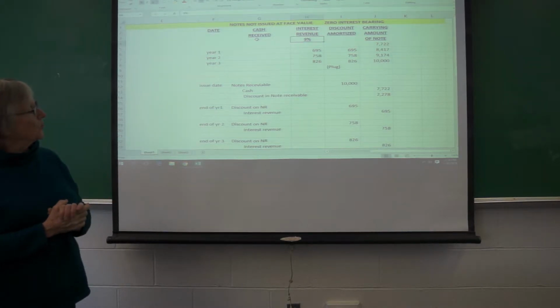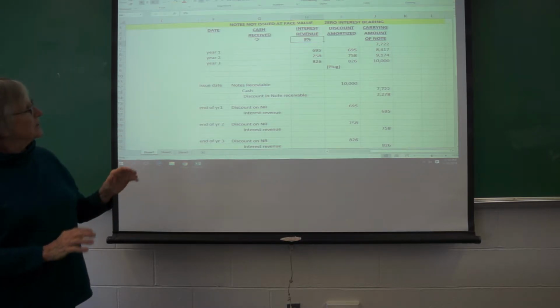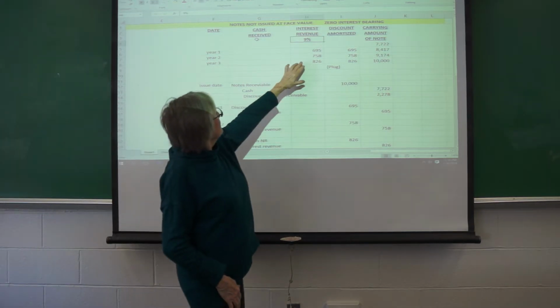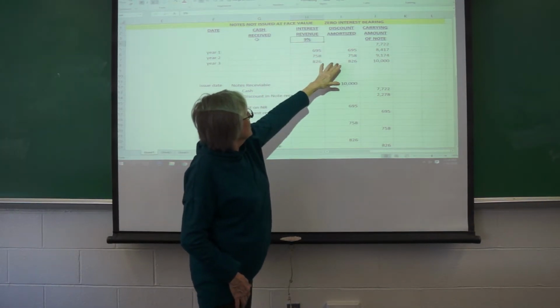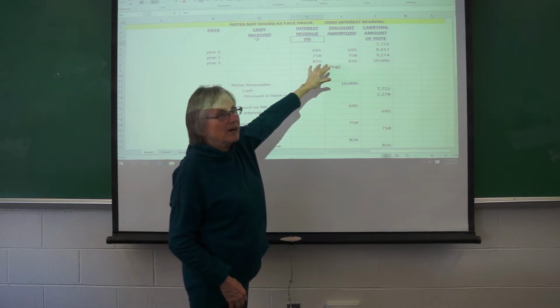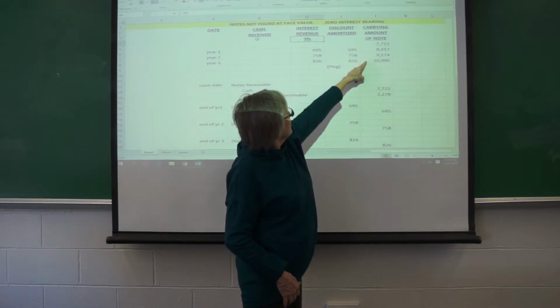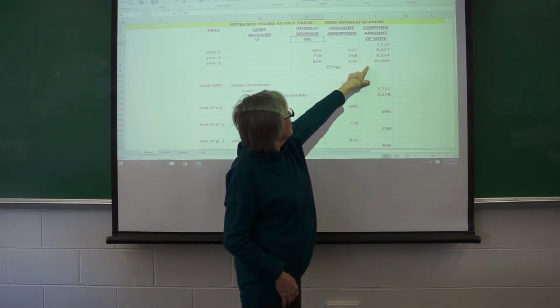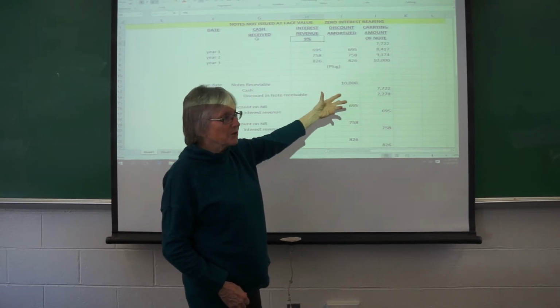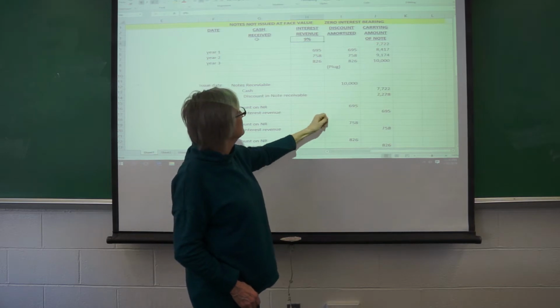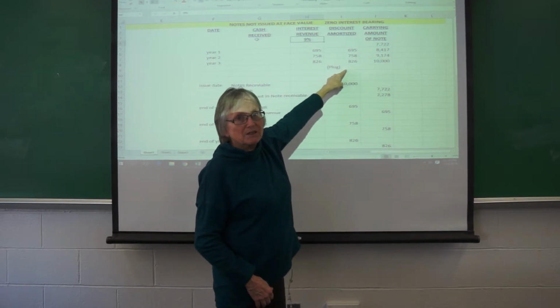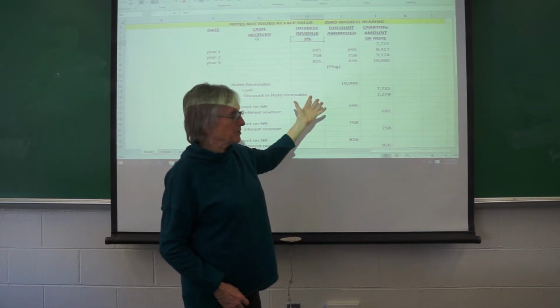The carrying value of the note starts out at the cash lent out, the 7,722, times 9%. The interest revenue and discount amortized is $695 for that year. As the discount on notes receivable is amortized, it ends up at the face value of the note and the amount of cash that will be received. This last number is usually a plug because it doesn't generally come out exactly perfect.